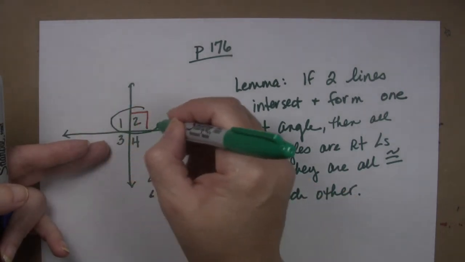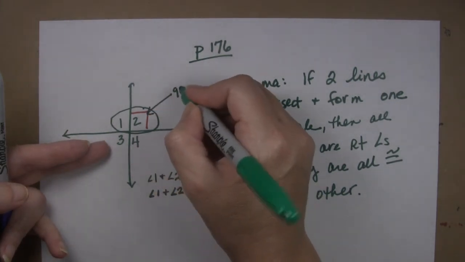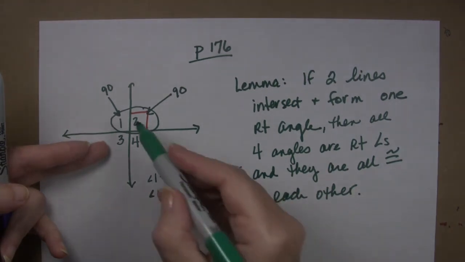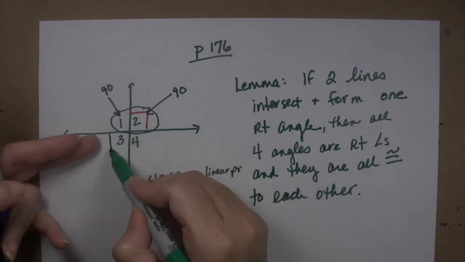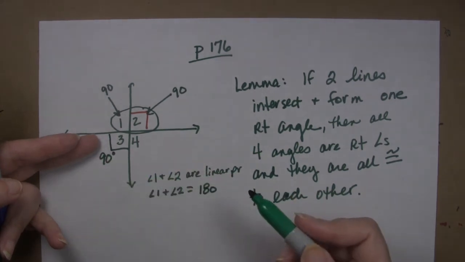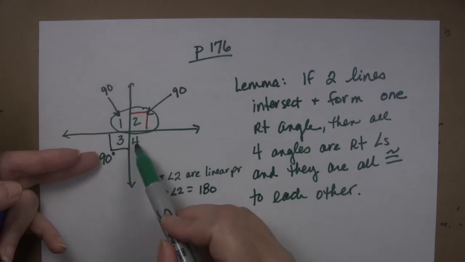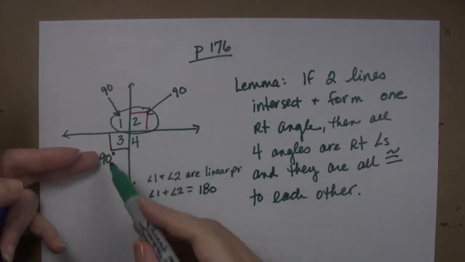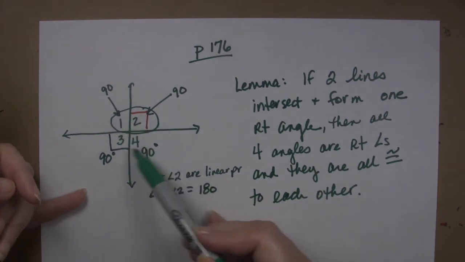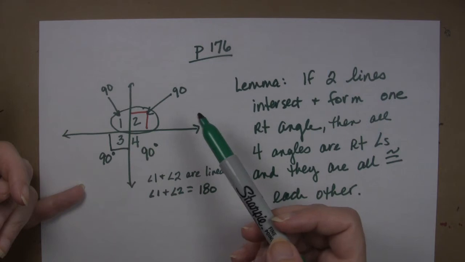So these two together equal 180 degrees. This one is 90 degrees, therefore this one has to be 90 degrees. We know that angle 2 is congruent to angle 3 because of the vertical angle theorem, so that one's also 90 degrees. We have 3 and 4 form a linear pair, so they're going to add up to 180. This one's already 90, so this one is 90. So in the end, you have 4 90-degree angles, and they are all congruent to each other.